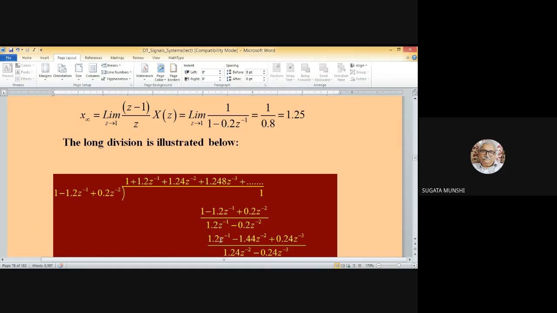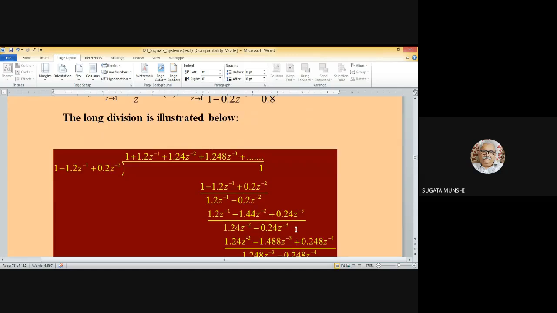So 1.2 z to the power minus 1 into 1 results in that term. 1.2 z to the power minus 1 into minus 1.2 z to the power minus 1 means minus 1.44 z to the power minus 2. Then 1.2 z to the power minus 1 times 0.2 z to the power minus 2 means 0.24 z to the power minus 3. So you have got two terms, 1 plus 1.2 z to the power minus 1.